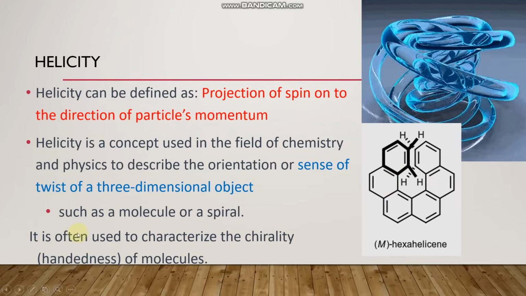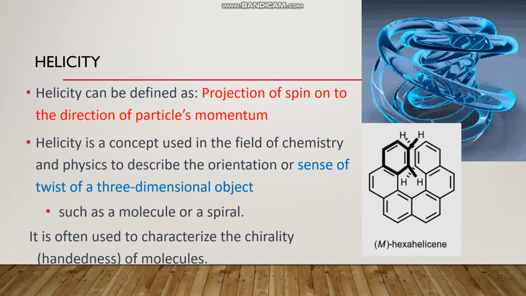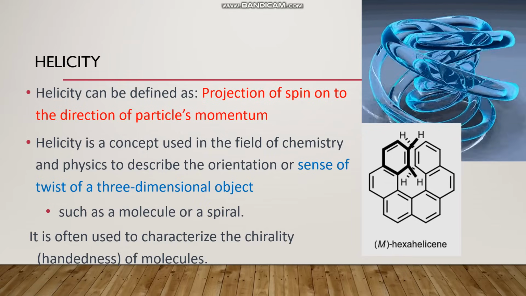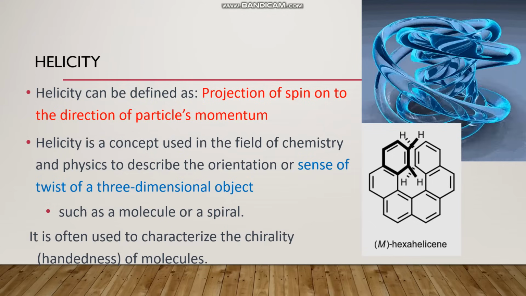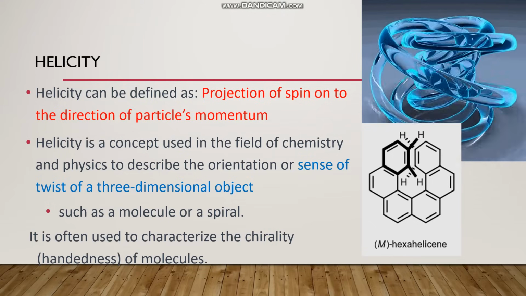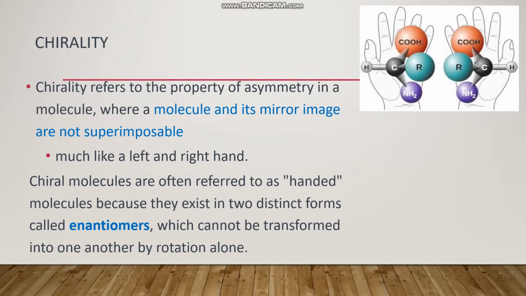So if any molecule that is chiral, that is spiral or has some sense of twist, we say the molecule is helical. And whenever there is helicity, there is a quality of a molecule called chirality. Chirality is basically defined as the property of an asymmetric molecule where the molecule and its mirror image are not superimposable, just like our hands.